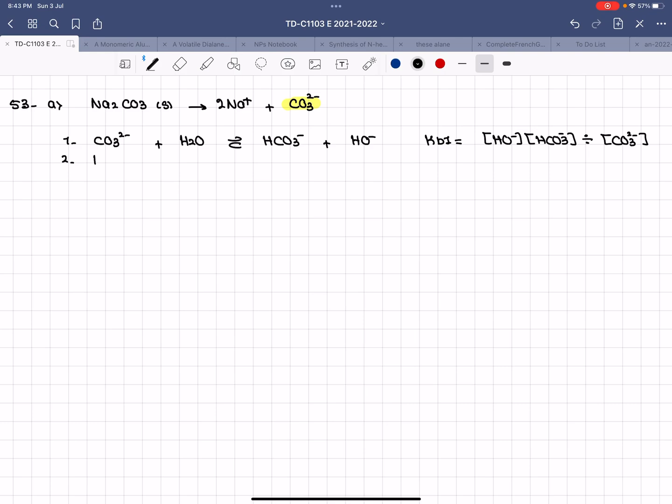Second reaction, you take the conjugate, plus H2O, you add a proton, remove one from H2O. And this is KB2, which is HO- times H2CO3 divided by HCO3-. Remember, KB1 you can find from pKa2.